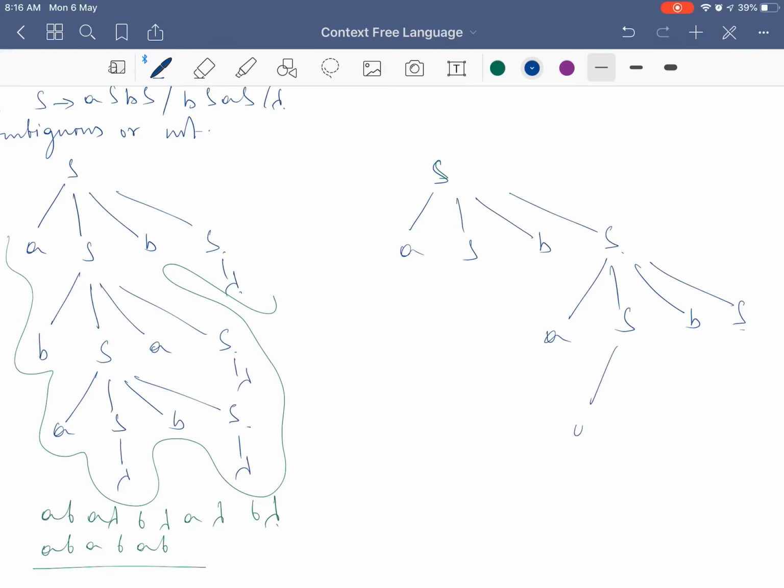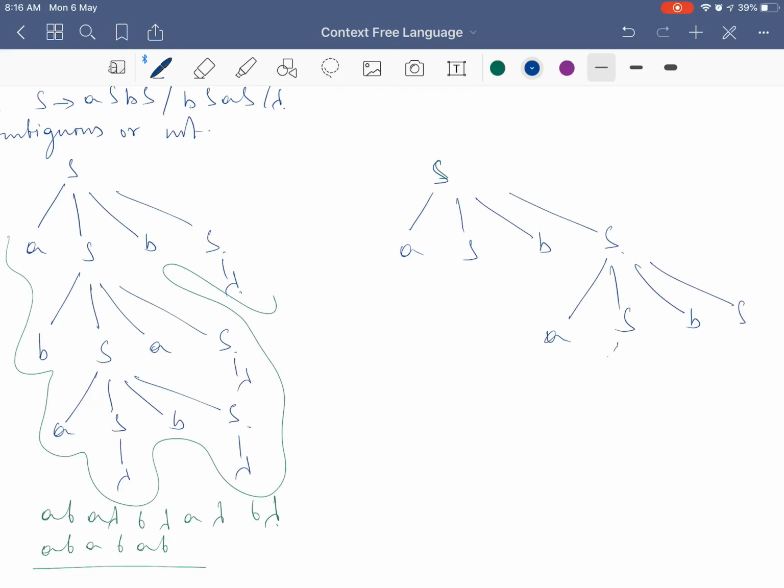Then start with this one, aSbS. Now replace this one. It is not possible over here, so it should not be there. I have to replace this one or this one.